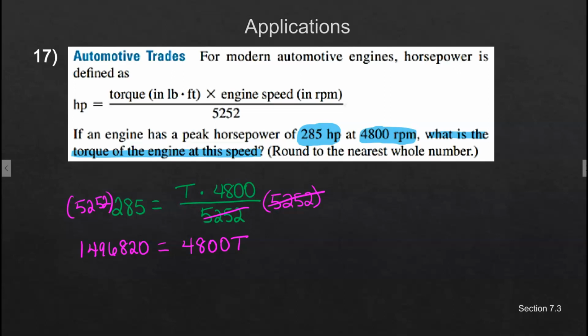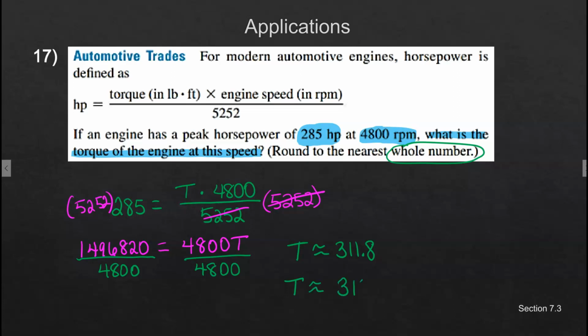Now, to solve, we divide by 4,800. And T is 311.8. We're going to round that to a whole number as it told us to do here.